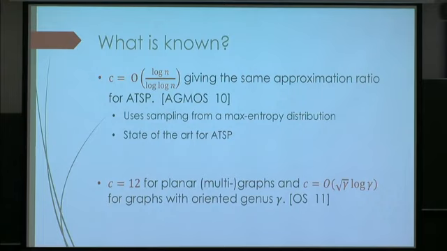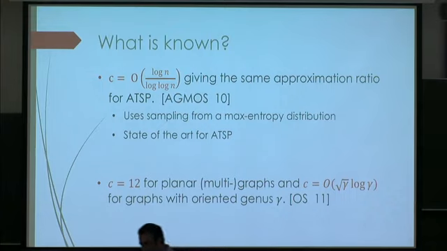Let's say you want to solve the ATSP in a city that's planar, or it has a few bridges and tunnels. In that case, it will be a graph with bounded genus. Again, if it's constant, we can come up with a constant factor approximation algorithm. That's a result with Shayan Oveis Gharan. So, these are the two things we have managed to obtain using this connection.